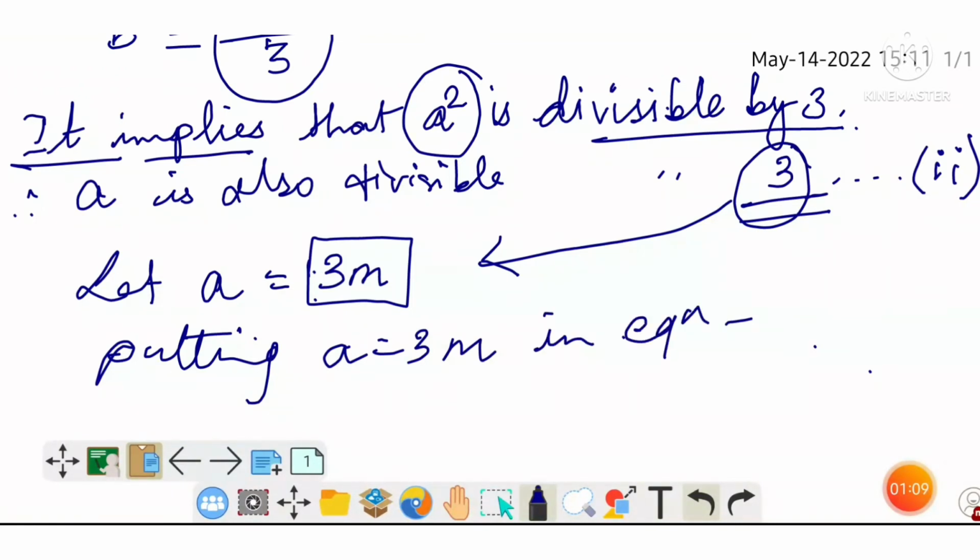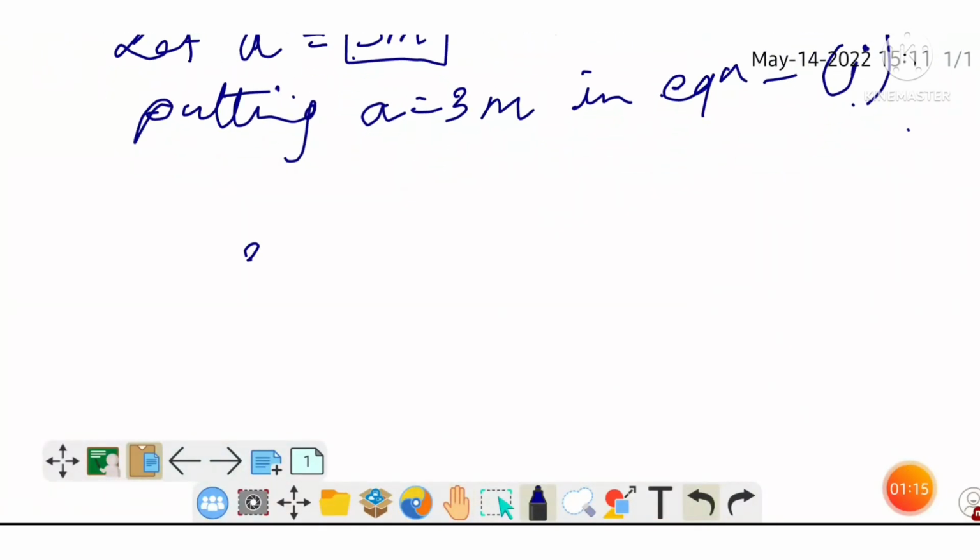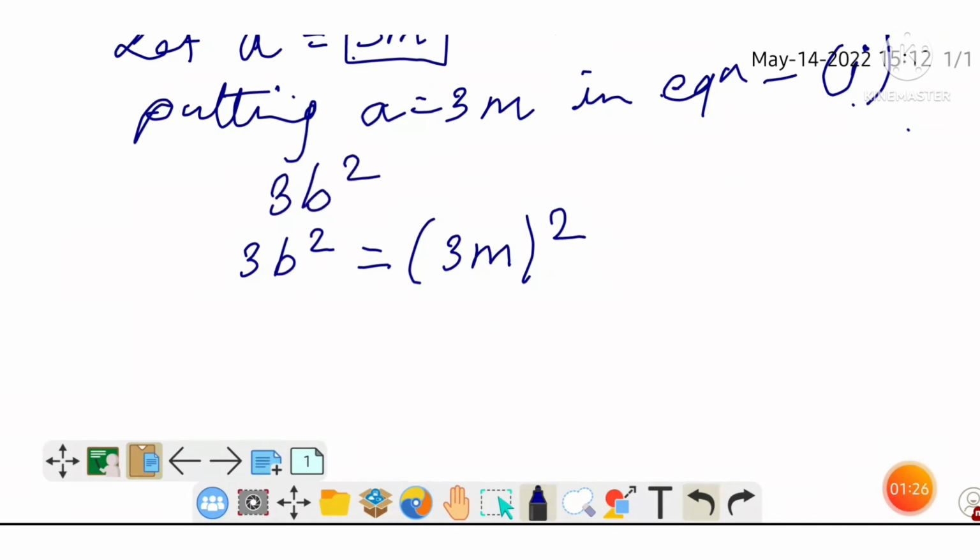Putting a equals 3m in equation 1, we'll get 3b square equals 3m whole square. Since equation 1 is 3b square equals a square, and a means 3m, we get 3b square equals 3m whole square.